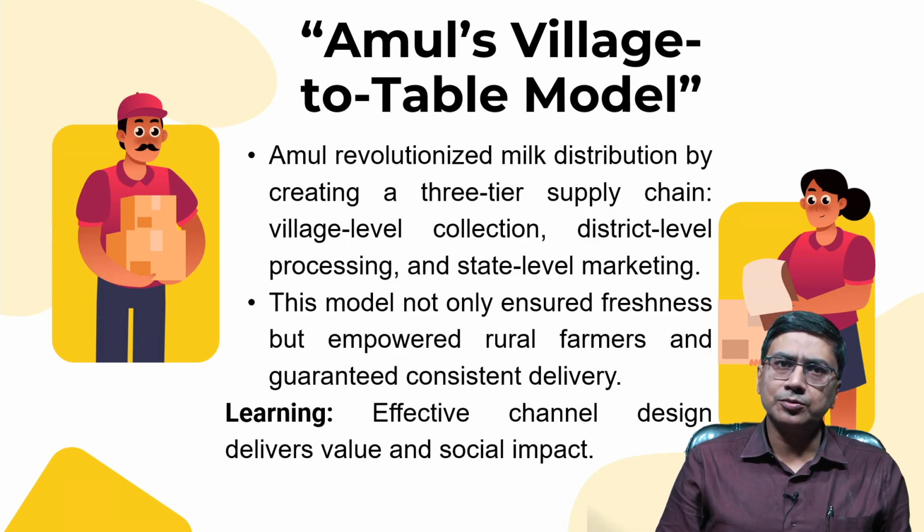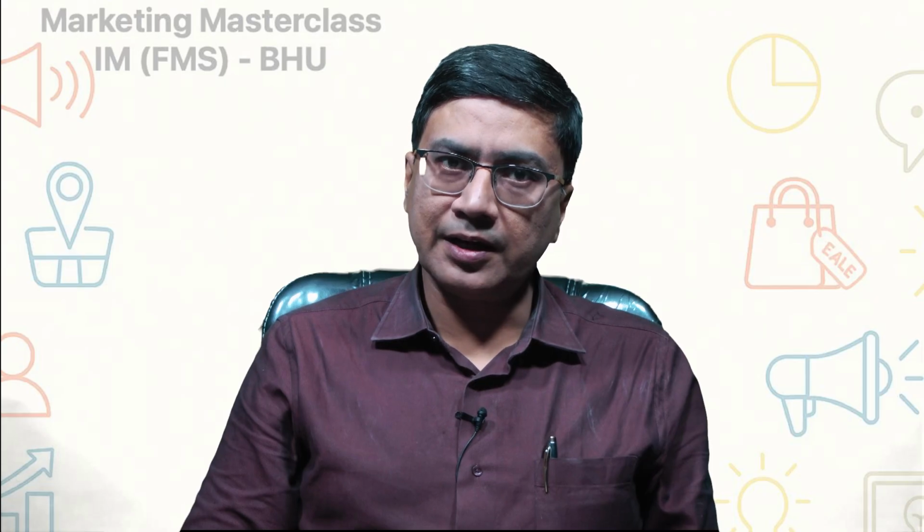We all know the brand Amul, the number 1 brand in terms of milk in India, a creation of a cooperative movement. Now this Amul model actually revolutionized the entire milk distribution network, and they opted for a 3-tier supply chain. What actually is it?